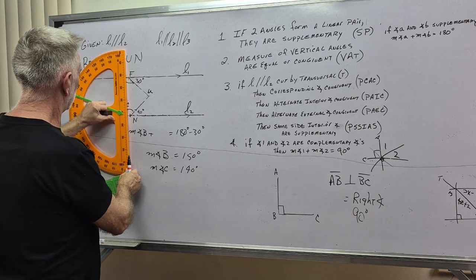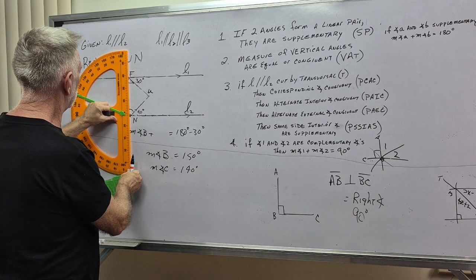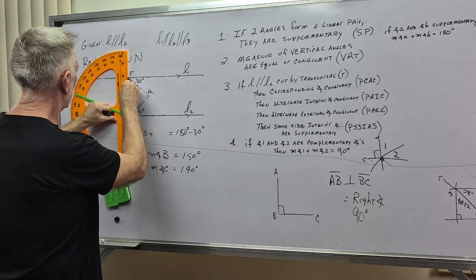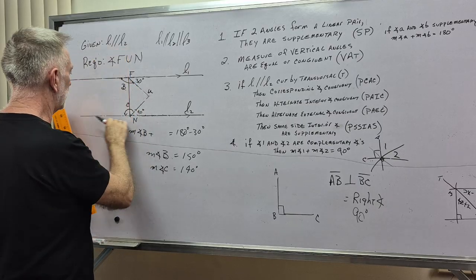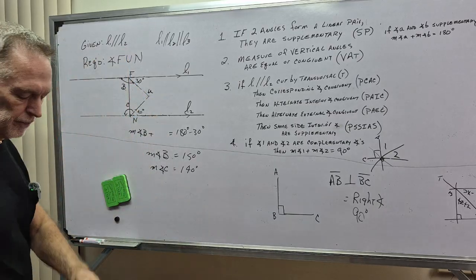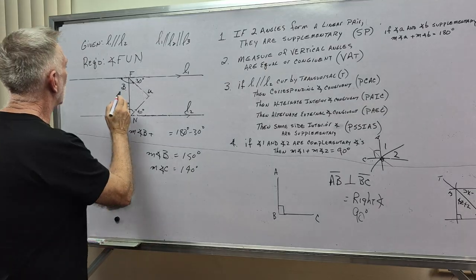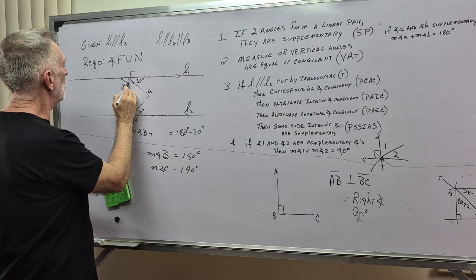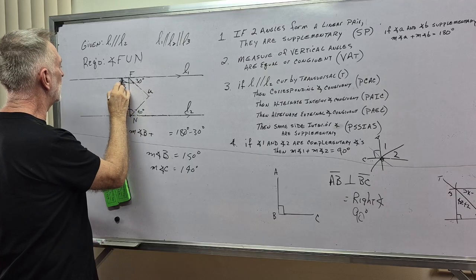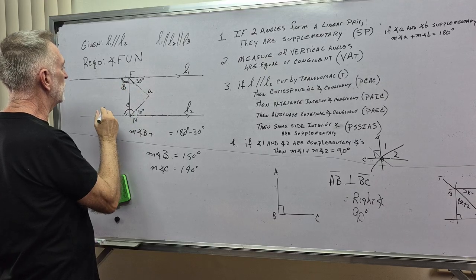Now I'm going to draw a vertical line, same as I did earlier, that is perpendicular to those two lines. Now, what would this angle right here be? It's 90 degrees.